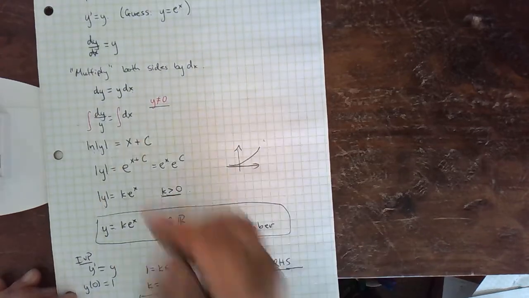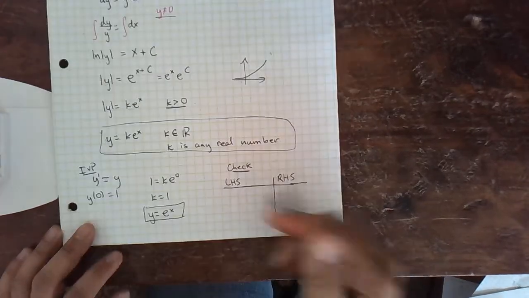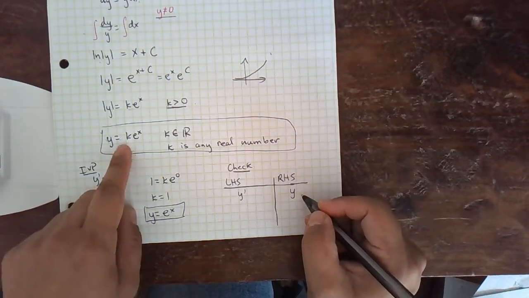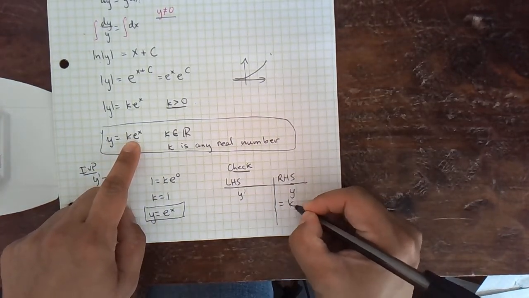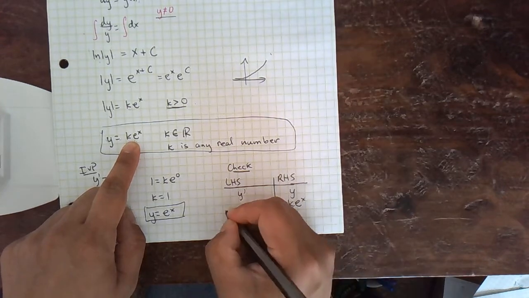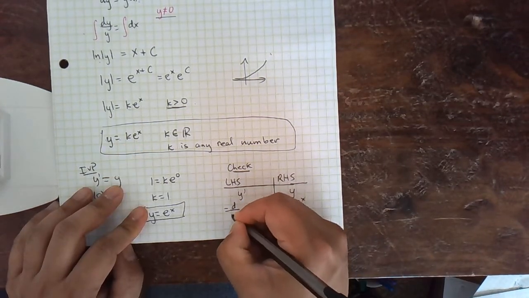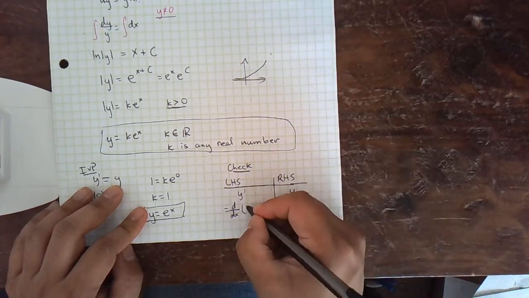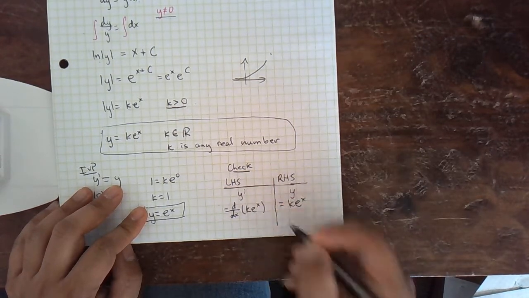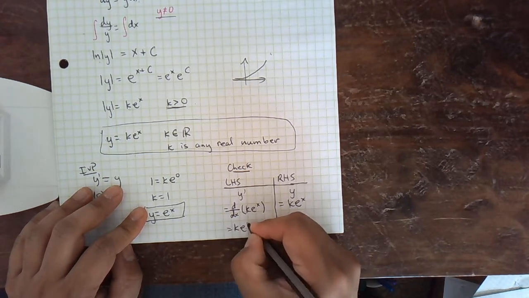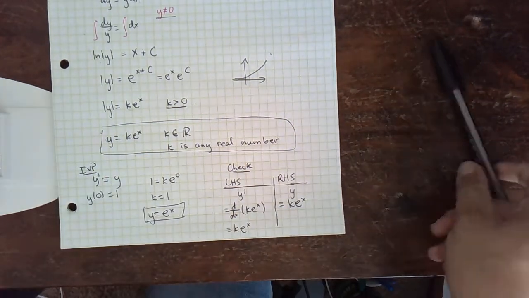Okay, so my left-hand side is y prime, and my right-hand side is y of the differential equation. And the solution I'm proposing is y equals k times e to the x. Let's check what the derivative of that is. So I need to take derivative with respect to x of k times e to the x. Constants don't matter, and then derivative of e to the x is just e to the x. So did that work? It did.